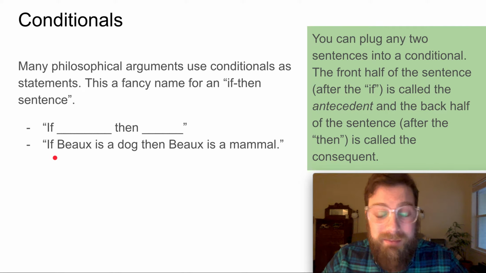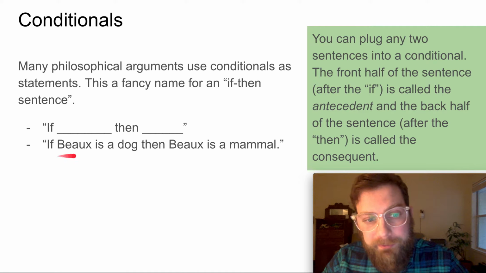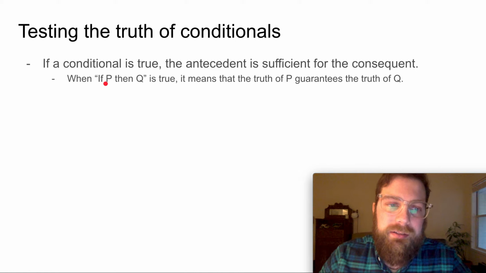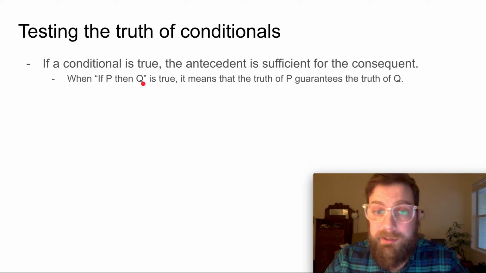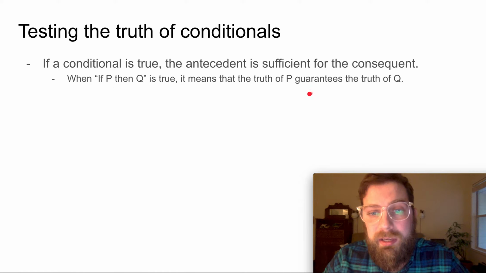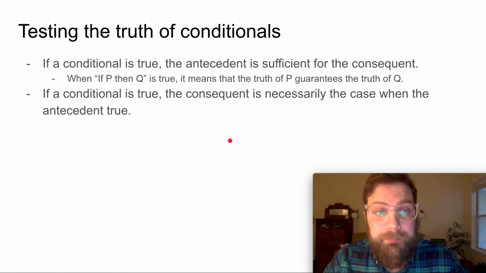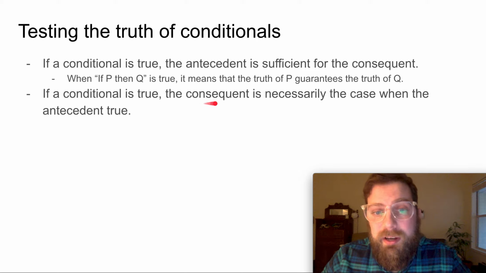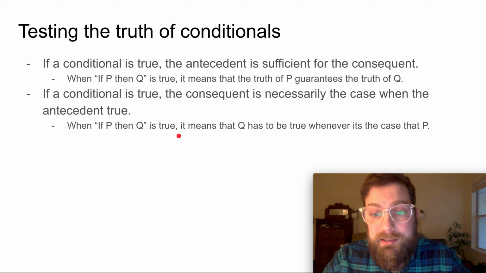So we're saying if you have a true conditional, the first half of your conditional sentence will guarantee the truth of the second half, right? I'm just using the letters P and Q to sub in for any other little sentence that we might stick in. If I'm saying if P then Q, I'm saying that the truth of P guarantees the truth of Q. And we can also say that if a conditional is true, the consequent is necessarily the case when the antecedent is true.